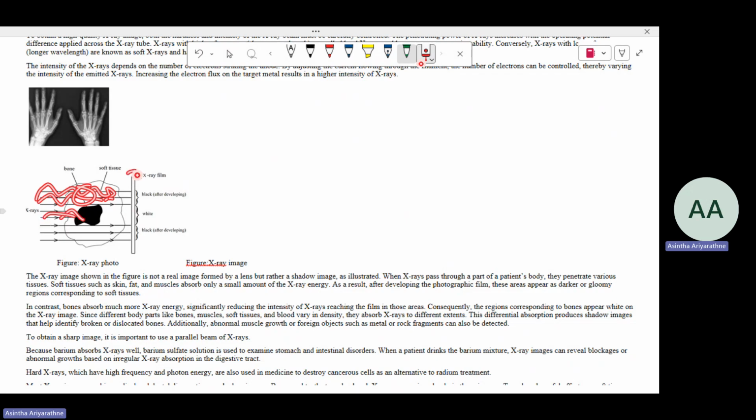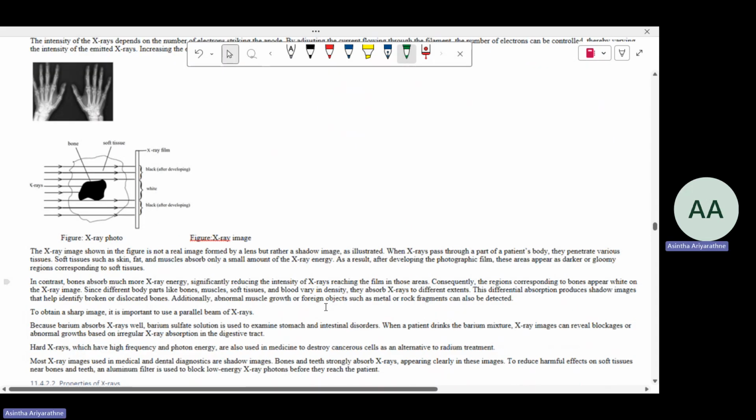When there's an X-ray photographic film on the other side, the regions exposed to X-rays are covered black, and the regions not exposed are white. That's how the X-ray image is formed. Here you can see the bones are shown as white and the other regions black.